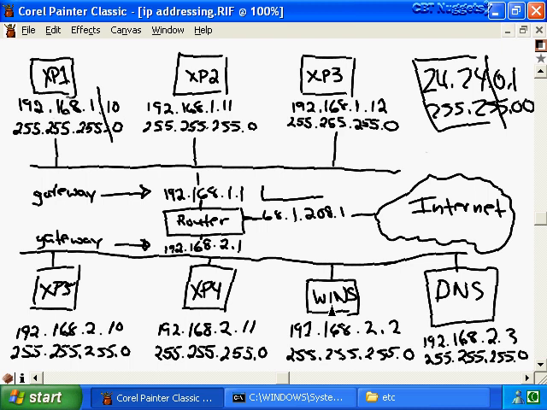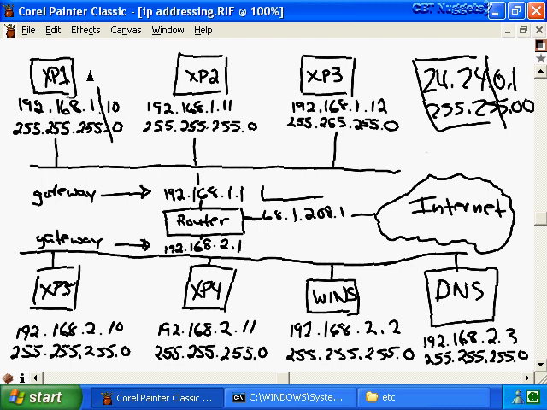The WINS server will look in its database, return that information to XP1. XP1 will then be able to go directly to XP4 without having to send a broadcast to all of its neighbors and bugging them, without having to look at its local LMHosts file and trying to maintain and update that file on a regular basis. So the only thing we have to be concerned with now in this environment is that the WINS server always stays up, and number two, that we have the right IP address for our WINS server.